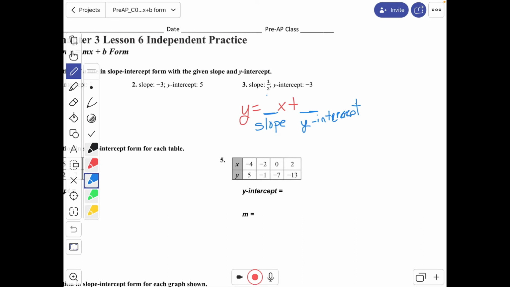They said the slope is 1/2 and the y-intercept is -3. You will need to remember that plus a -3 is the same as just -3.